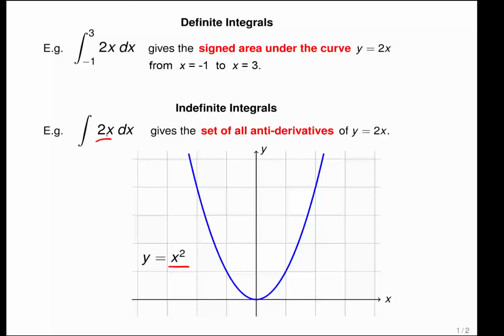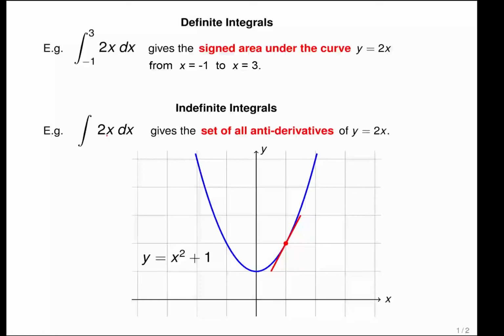Now, a crucial observation is that if you shift a function up and down, it doesn't change its slope. Indeed, if I grab the parabola y equals x squared and move it up or down, which is achieved by adding a constant to the function, observe that its slope at any x value remains exactly the same.